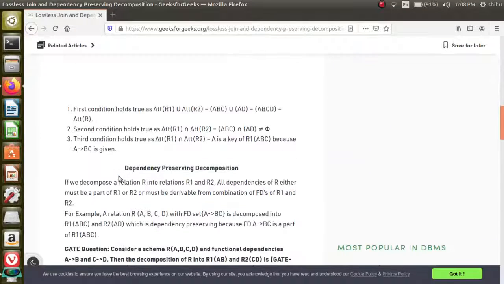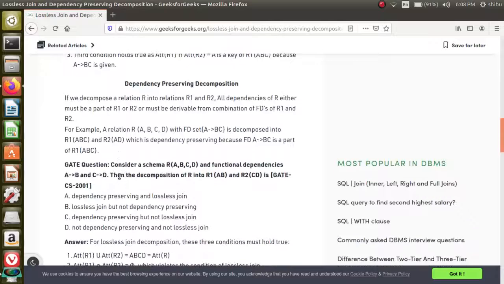And now, next is how do you check whether a decomposition is dependency preserving. If we decompose a relation into, say, R1, R2 and R3, then all dependencies of R must be part of R1, R2 or R3.